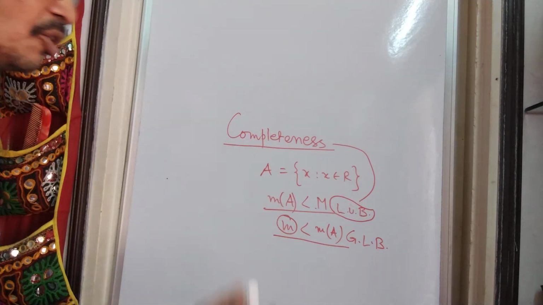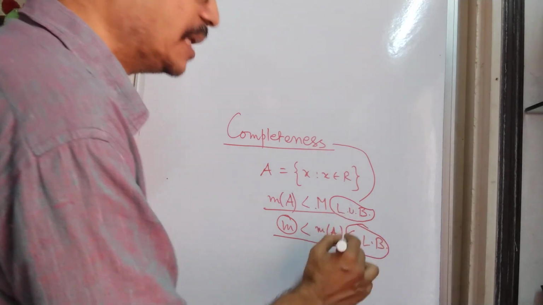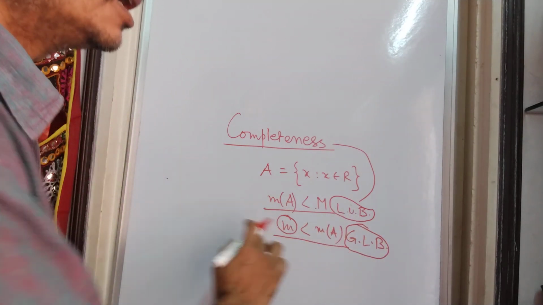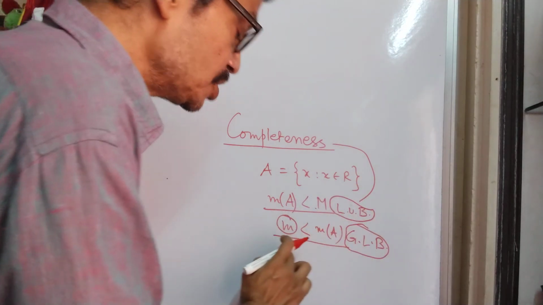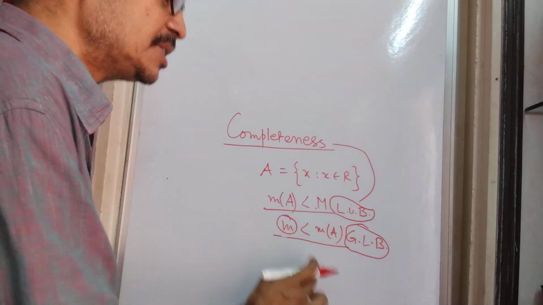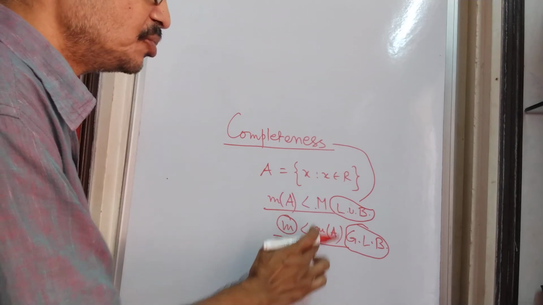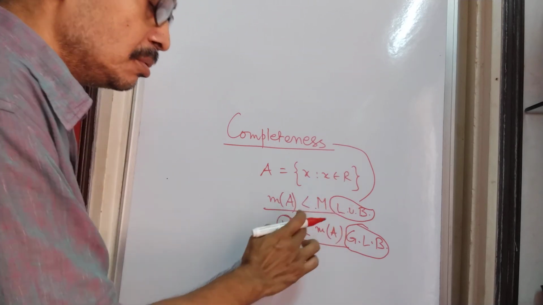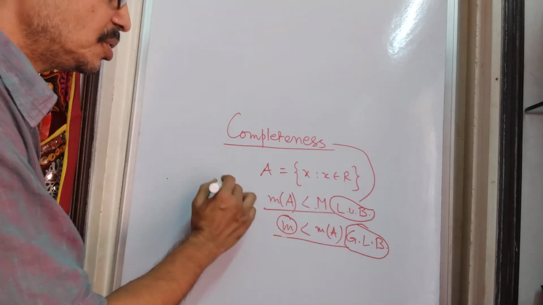And similarly, when it is bounded from below, we are interested in the greatest value, which is the lower bound. So any number which is more than this small m will not be a lower bound, and that is when we say that it has a GLB. And any number which is lower than this capital M will not be an upper bound.